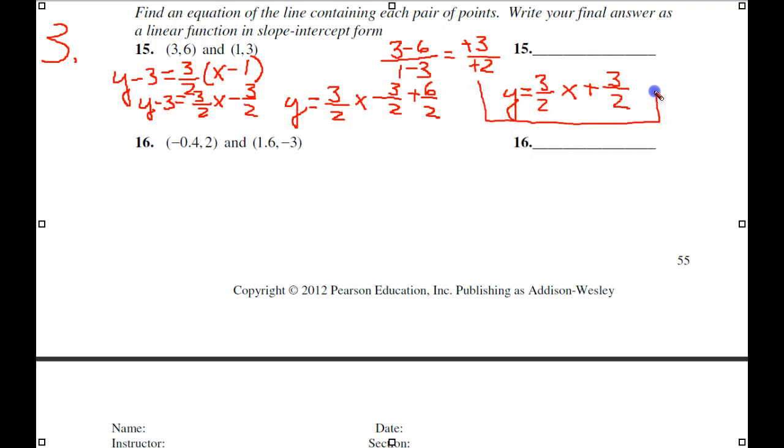And there is my answer. Now this one's done in a similar way. I'm not going to give you any on your tests that are this difficult, and you shouldn't have any like this in your homework. And the answer is in the text. If I do every single one, again, the tape's going to be too long. I want to do this to give you an opportunity to see how it's done in action.